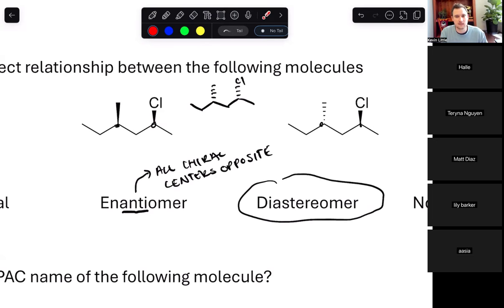These two are enantiomers of each other, whereas this is a diastereomer because they're different. If this was a wedge too, these would be the same molecule. But since they're different but not opposites, they get called diastereomers.